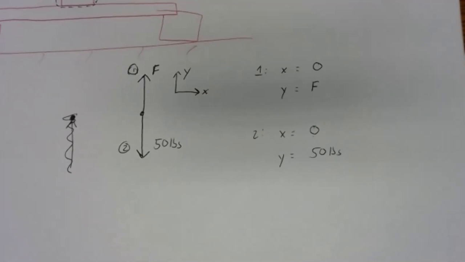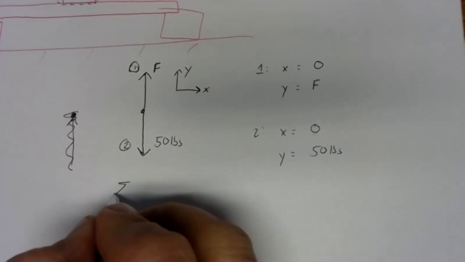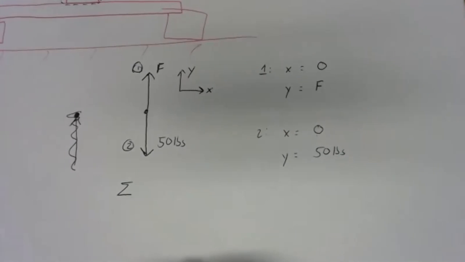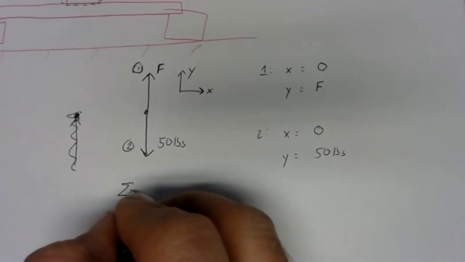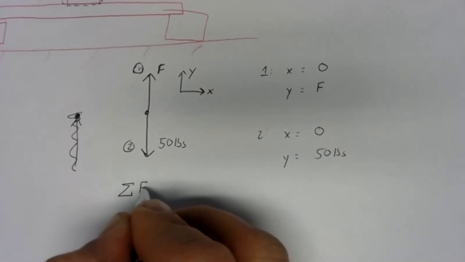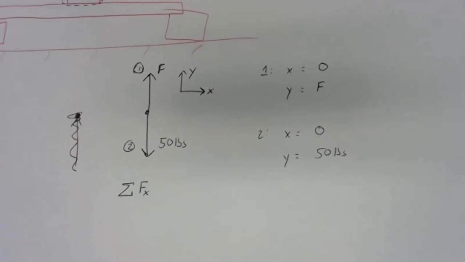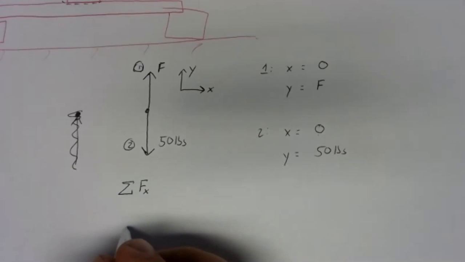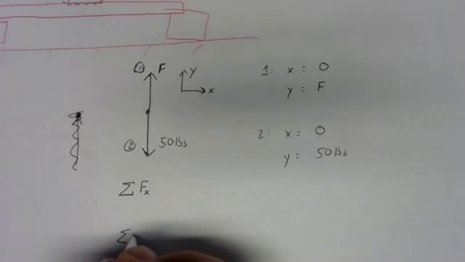Our next step, if we were going to add these vectors together, like we did last week, we'd do a sum of x components and a sum of y components. Well, since these are forces now, we can change that labeling just a little bit. I would do it as sum of forces in the x direction and sum of forces in the y direction.